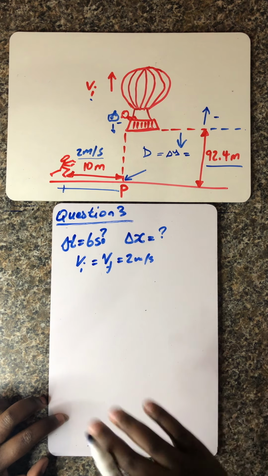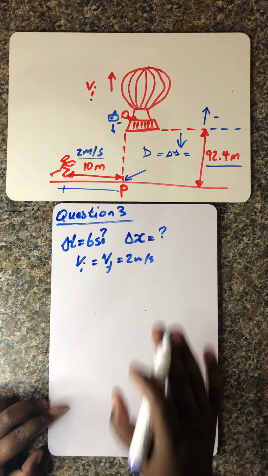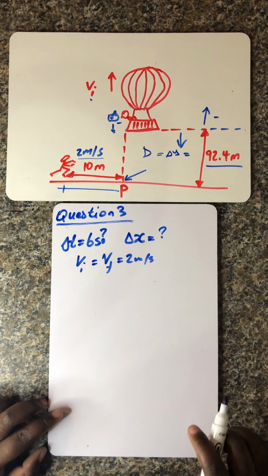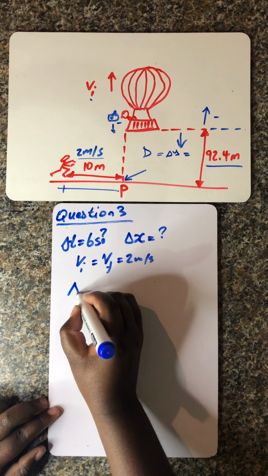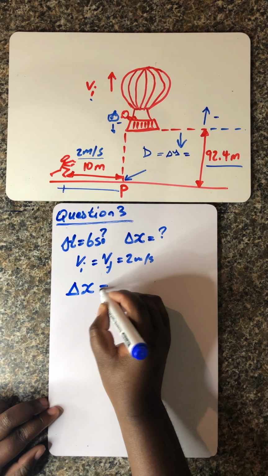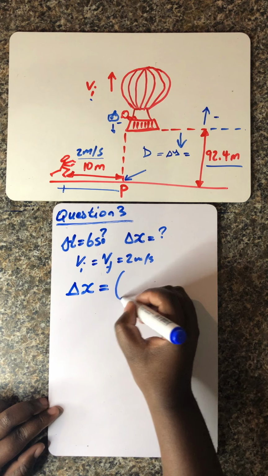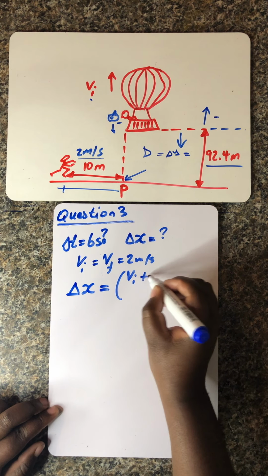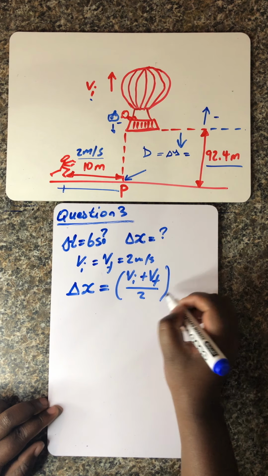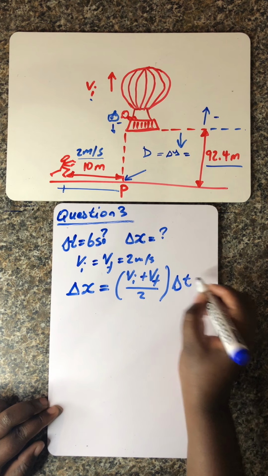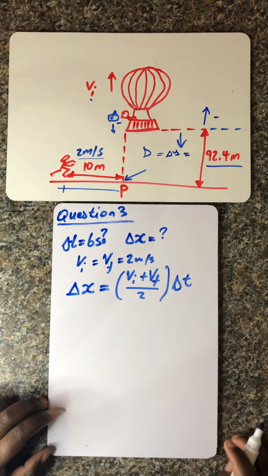I'll go straight to the correct formula to use: one of the formulas you can use is, over 2 change in time. This formula is given on your formula sheet.